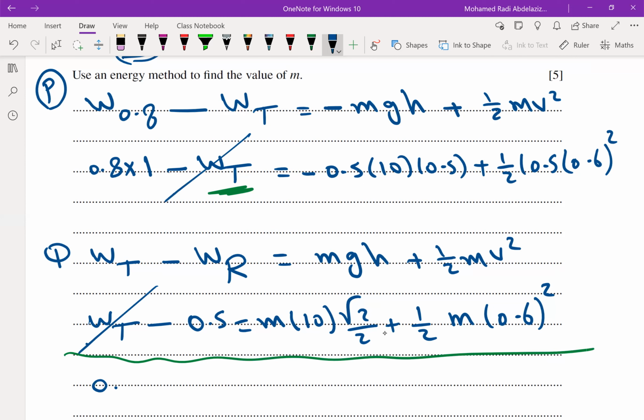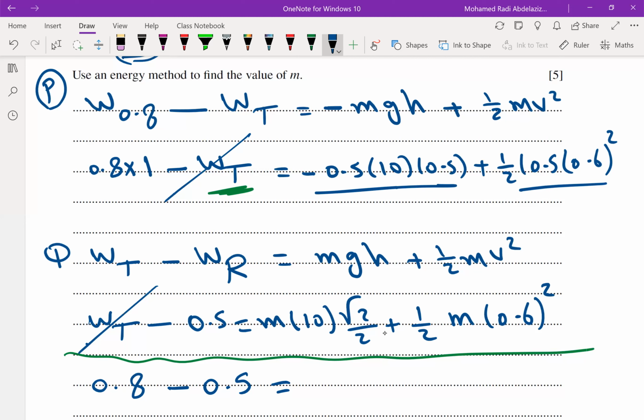So the work done by the force, which is 0.8, minus the work against resistance, which is 0.5, is equal to the change in mechanical energy for the whole system. This part is a loss and this part is a gain, but they are not equal, so you have to combine and add all the right side together. You can calculate each value, then write it down, simplify, and write your answer in terms of m.